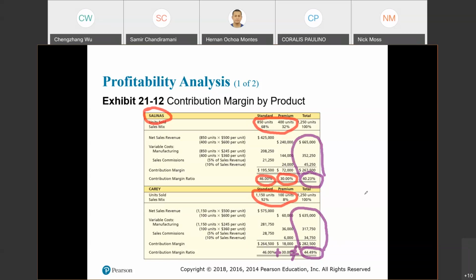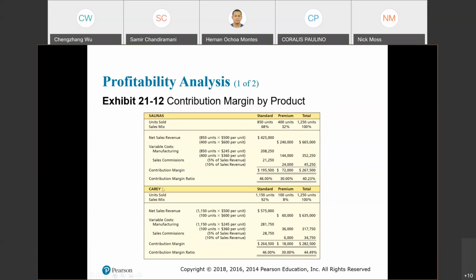Then we get the mixed contribution margin ratio. So now we can explain why Carrie has a higher combined contribution margin ratio, at least higher than Selena, because the standard type has a higher contribution margin ratio than the premium model.